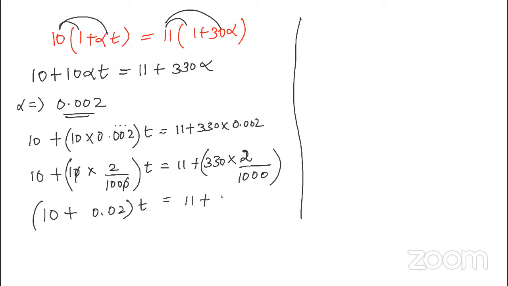So just 10 only cancelled. Okay, and here we have to write it down 0.33 divided by 100. So 33 divided by 100 we simply write as 0.33 into 12.